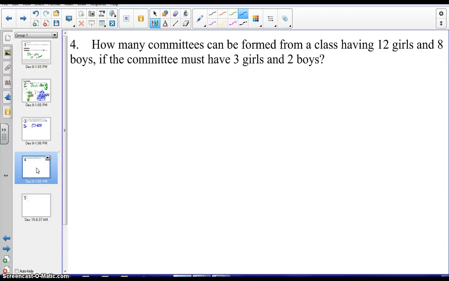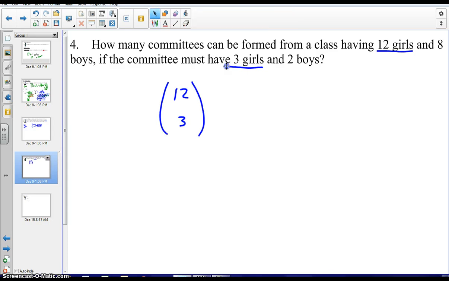Fourth example, how many committees can be formed from a class having 12 girls and 8 boys if the committee must have 3 girls and 2 boys? We're going to take this first by just looking at the girls. If we were just focusing on the girls, we had 12 girls and we're selecting 3, so we would do 12 choose 3. The same idea with the boys.